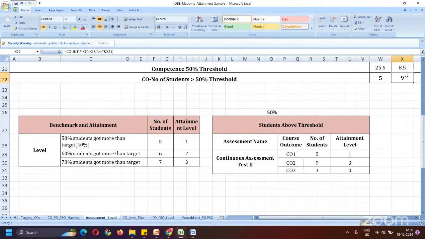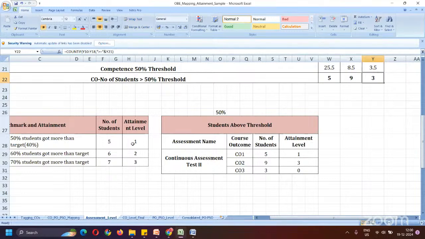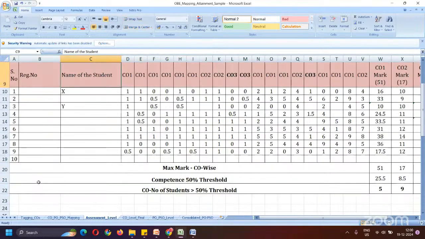When it comes to CO3, only 3 students have achieved it, so nowhere are they coming in the attainment level, so the attainment level of CO3 is 0. I didn't attain the outcome for CO3. So what I should do is prepare another assessment where I can include more questions from CO3, so that I am able to calculate the attainment of this. We call this the assessment level attainment.